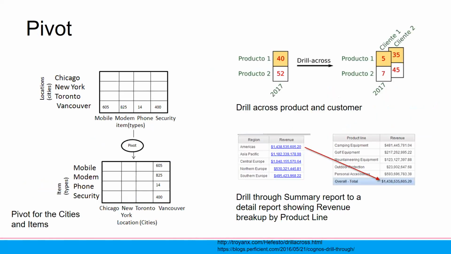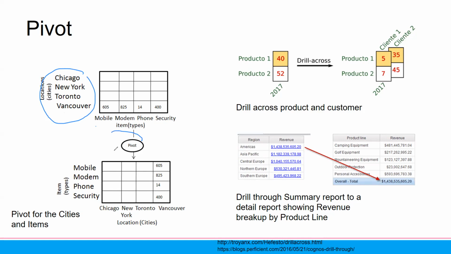If you are dealing with pivot, it means you have the data, and then you want to check. Basically the pivot is similar to how you group or rotate. In this case, I have the location Chicago, New York, Toronto, Vancouver.